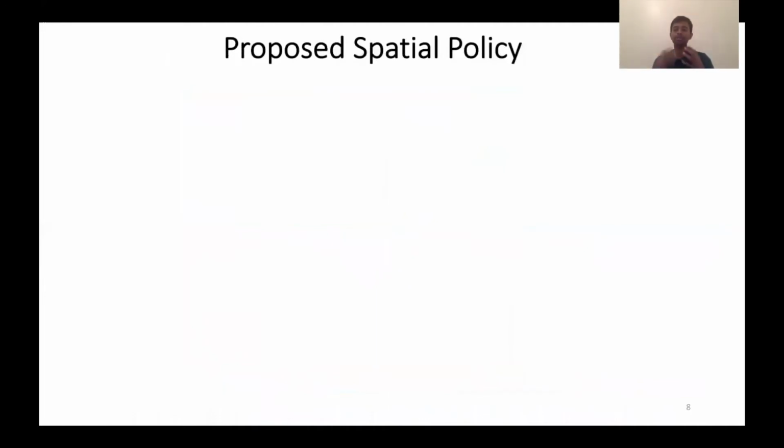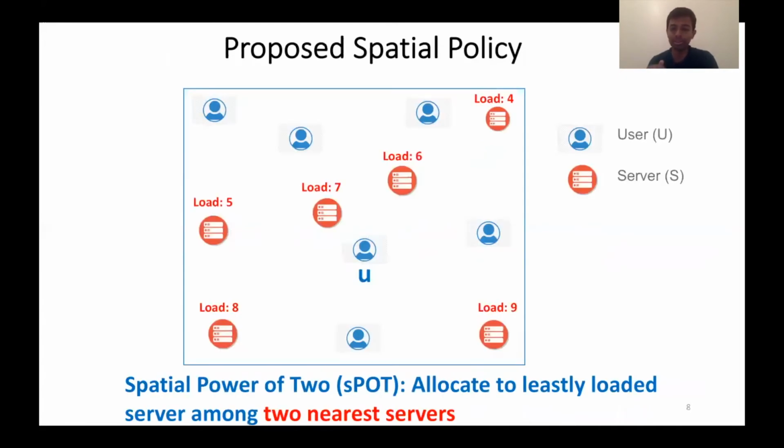Now, what we are going to propose in this work is a variation of this power of two choice policy. We propose a spatial counterpart of the power of two choice policy, which we define as follows. Again, the setup remains the same. For a particular user U, you go to the two nearest servers.